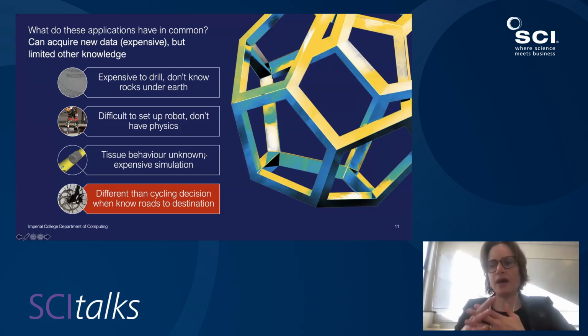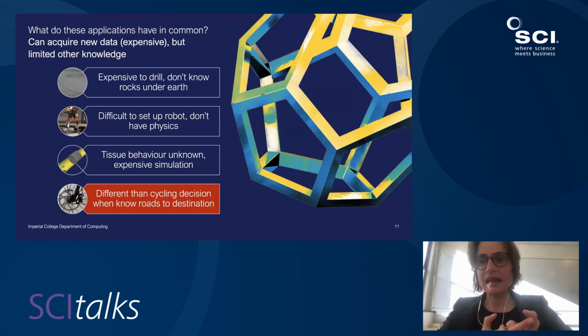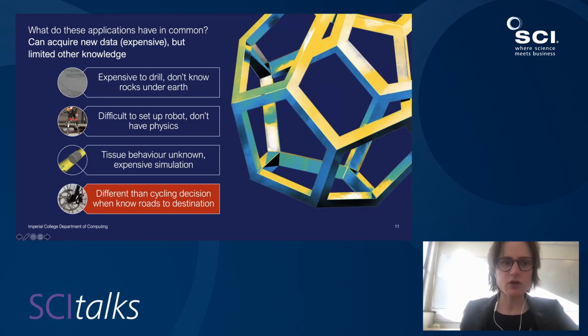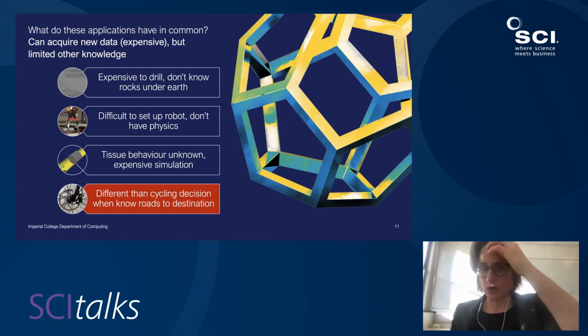I mentioned that, of course, we use data to make decisions in many areas of our life, but just to emphasize, at least with the algorithms I'm talking about today, they really should only be used when acquiring new data is expensive and we have limited other knowledge. That would mean, for instance, that this example about my cycle route would not be the kind of problem where I would address the techniques that I'm talking about.